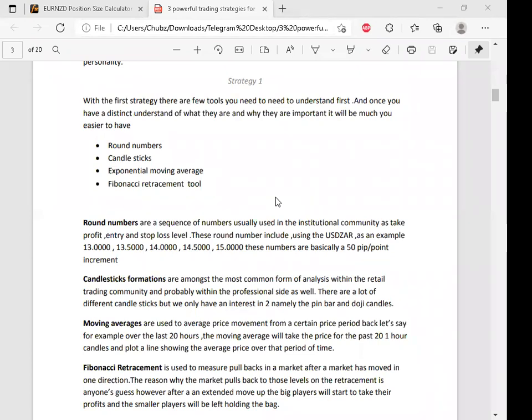First being round numbers, second being candlesticks, third being the moving averages, and lastly we'll be using Fibonacci retracement. Now, those tools will help us to judge if a trade is good or not.